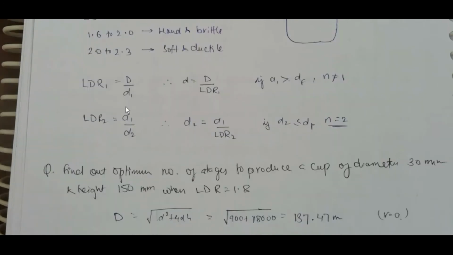LDR1 is equal to capital D by D1, so D1 is equal to capital D by LDR1. LDR2 is equal to D1 by D2, so D2 is equal to D1 by LDR2. If D1 greater than DF, then n not equal to 1. If D2 less than or equal to DF, then n is equal to 2.